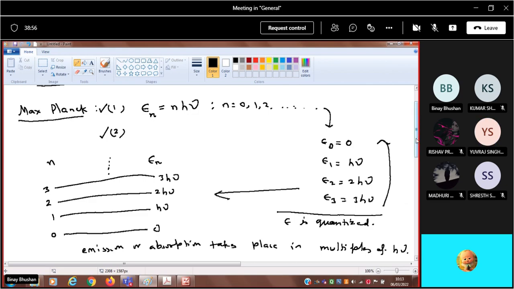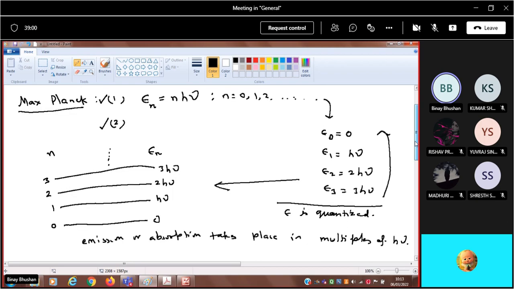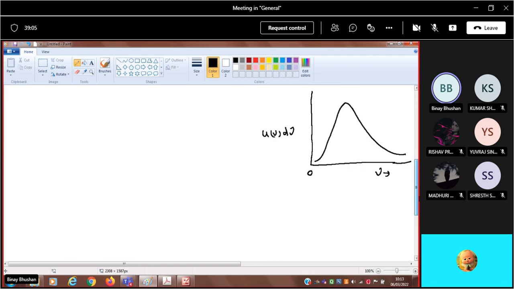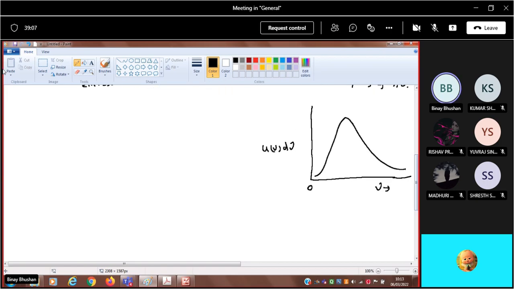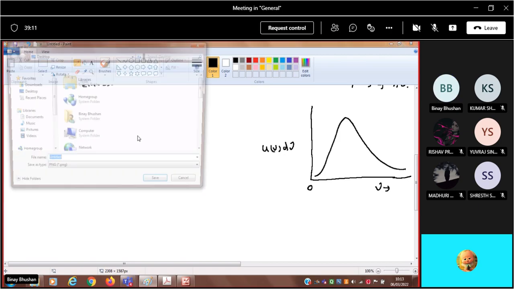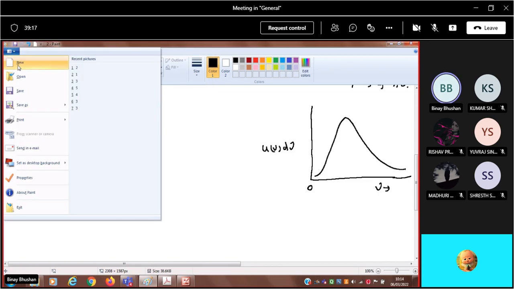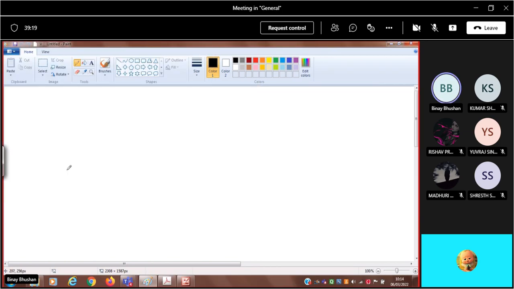Now the next question is, we have got the energy of an oscillator, right? But there are so many oscillators here, right? My question is to find the average energy of an oscillator. Now we have several oscillators here. Once again, the same energy levels.